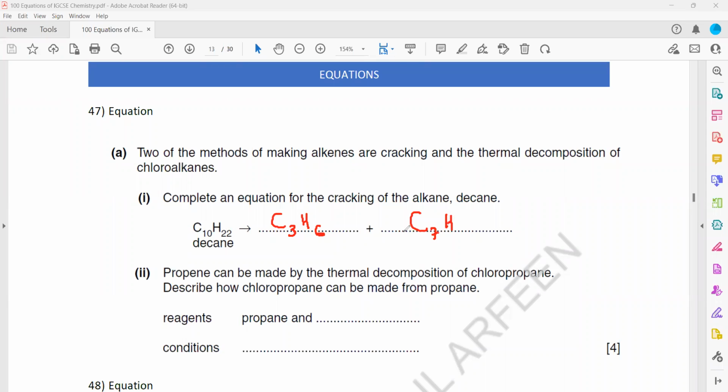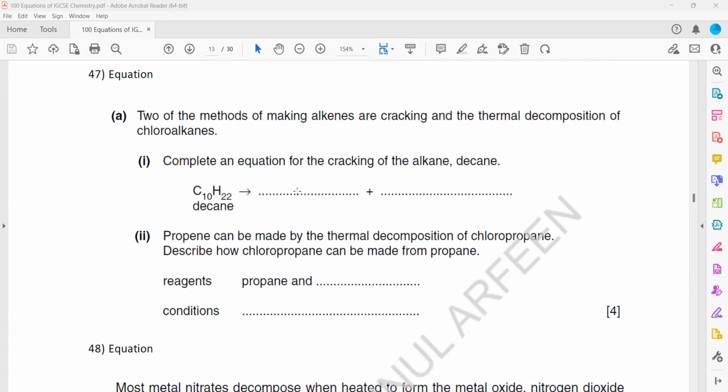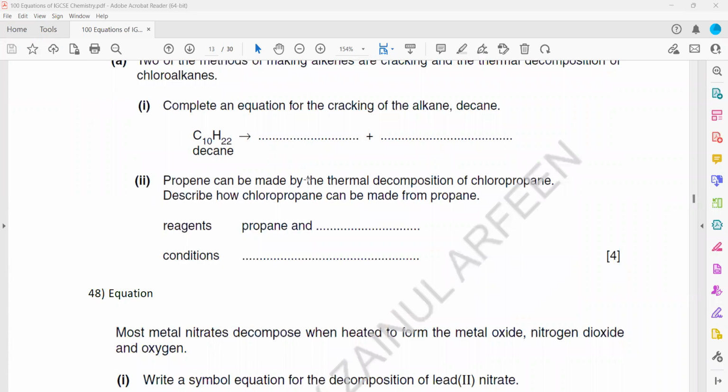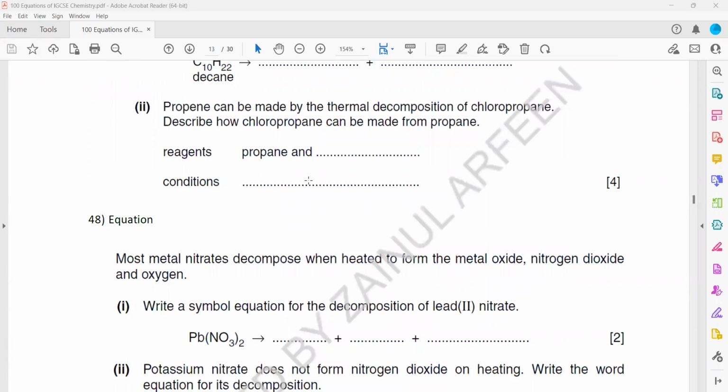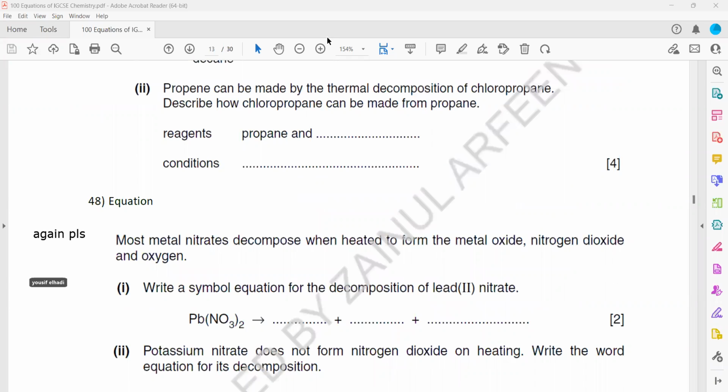Out of 22 hydrogens, I have used 6, so I'm left with 16. So C7H16 and C3H6. Any combination is acceptable here, as they do not specify a certain alkane or alkene.